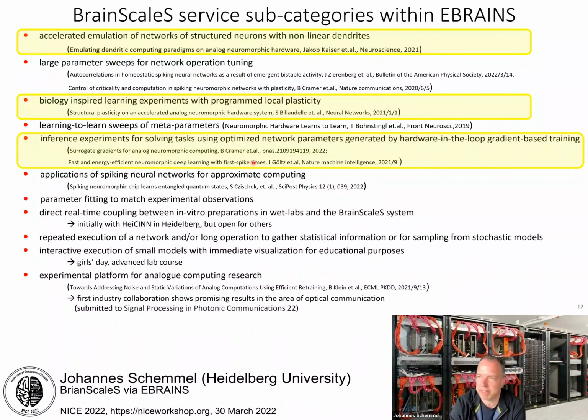For example, here the inference experiments for solving tasks using optimized network parameters generated by hardware-in-the-loop gradient-based training. That long sentence means you can train a spike-based network in the same way you train a classical deep neural network, but the values are represented by the spike times, and you can optimize for low latency and sparse spikes. This gives you the optimal energy efficiency and very low latency in this accelerated framework. In our case, it's only a few microseconds.